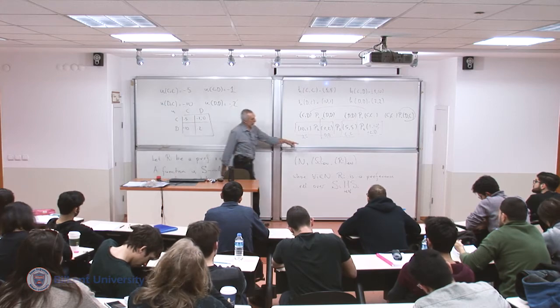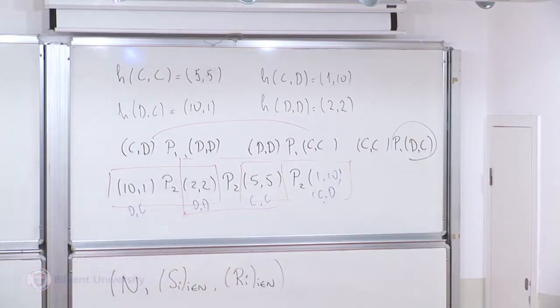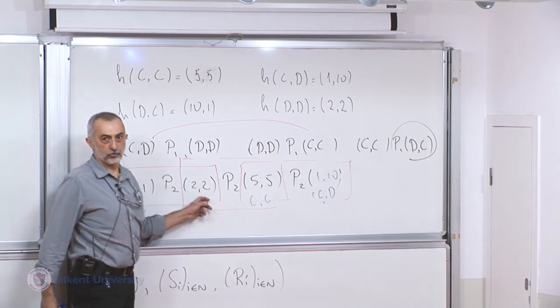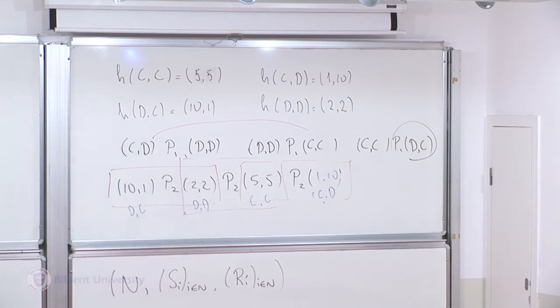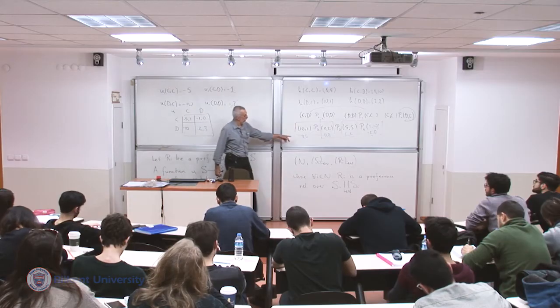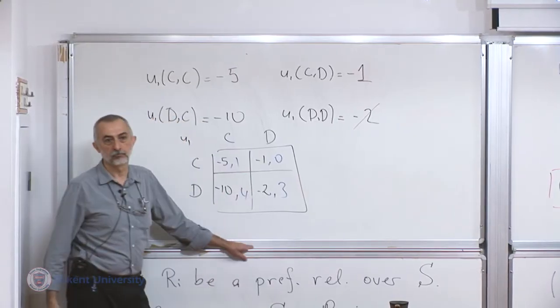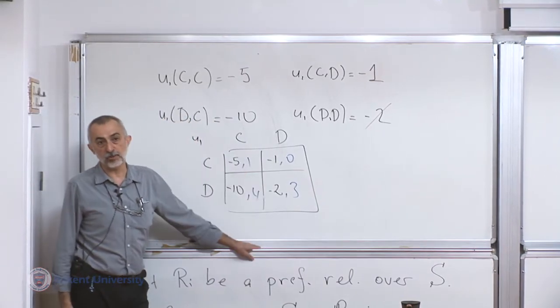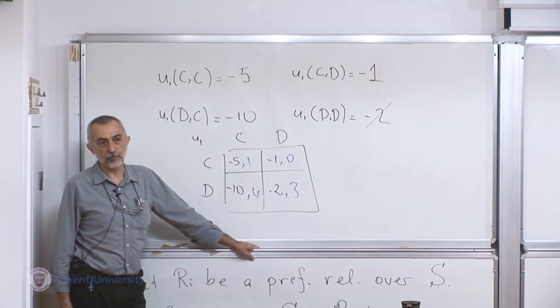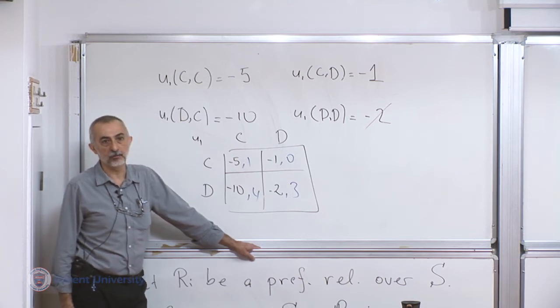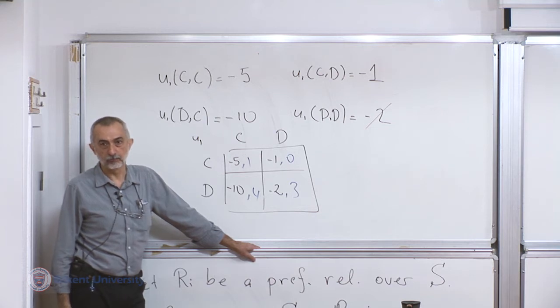The second best one is CC, so I'll put a 1 here. The third best one is DD, I'll put a 3 here. And the best one is DC for player 2, I'll put a 4 here. This is also a numeric representation of the preference relation of player 2. So far, so good?